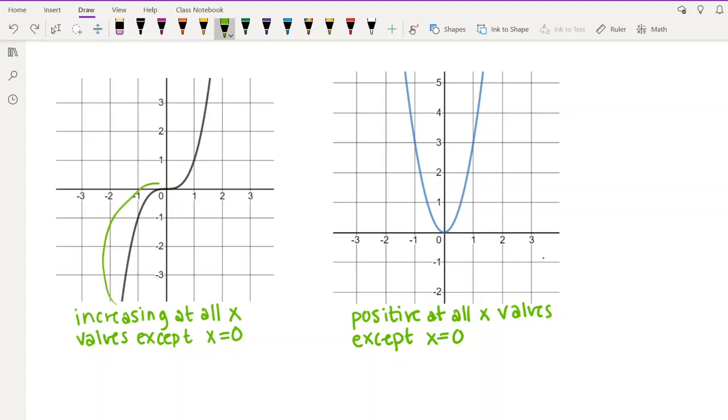But if you look at the derivative function, every single part of the graph lies above 0 except for the part that is actually at 0. So increasing is talking about whether it's going up or going down. Positive or negative just means literally is it above or below the x-axis. So the other thing we can add here is that it is neither increasing nor decreasing at 0.